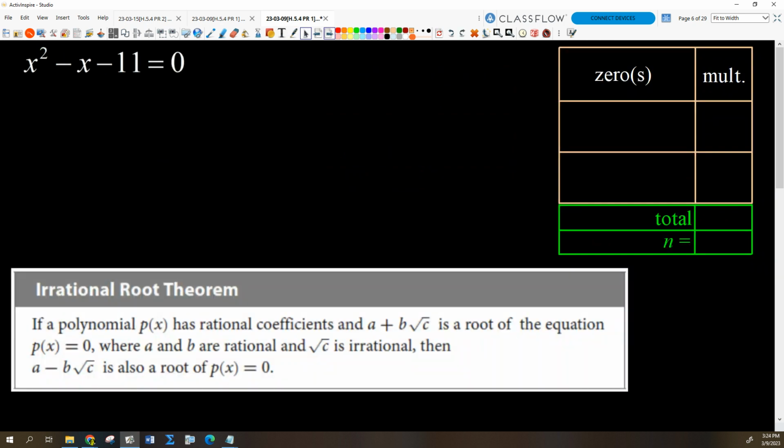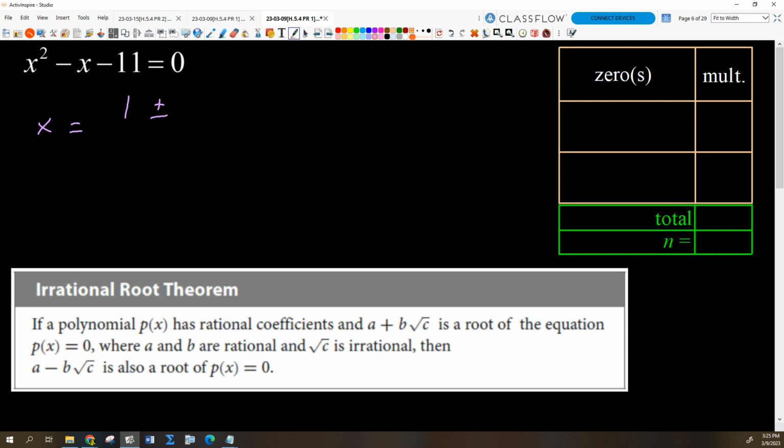Okay, so new issue. How about this one? If I'm going to solve this one, clearly it does not factor, does it? This is a bad candidate for completing the square. So what are we going to do? Quadratic formula. Sure. So what's the quadratic formula giving us here? x equals, which is what? One.